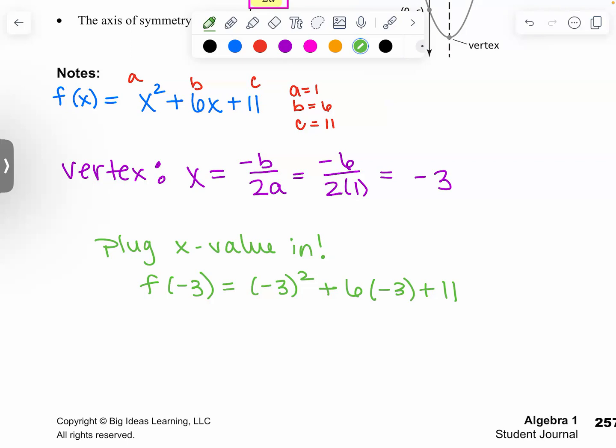What is 9 minus 18 plus 11? Kyron says 2. Do we believe him? Did anybody double check him? So what does this mean? This means that we have a vertex at -3, 2.